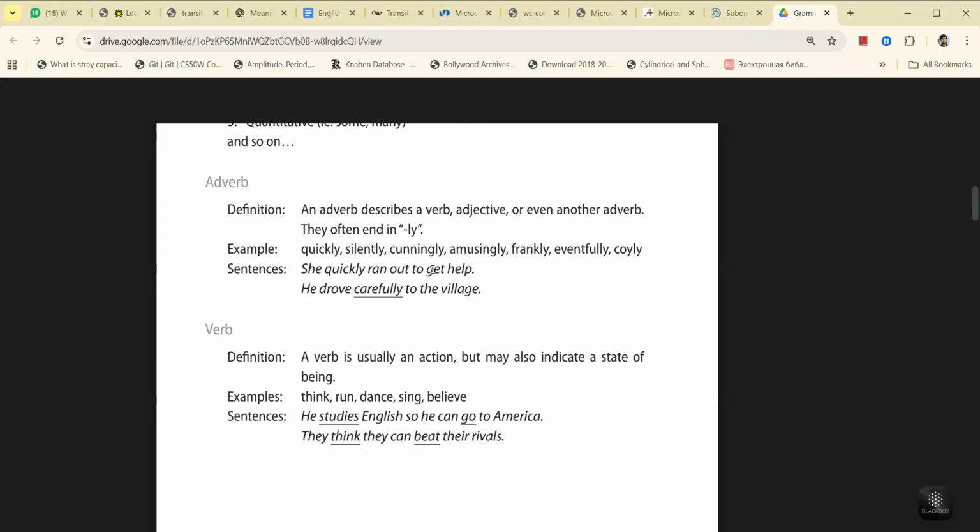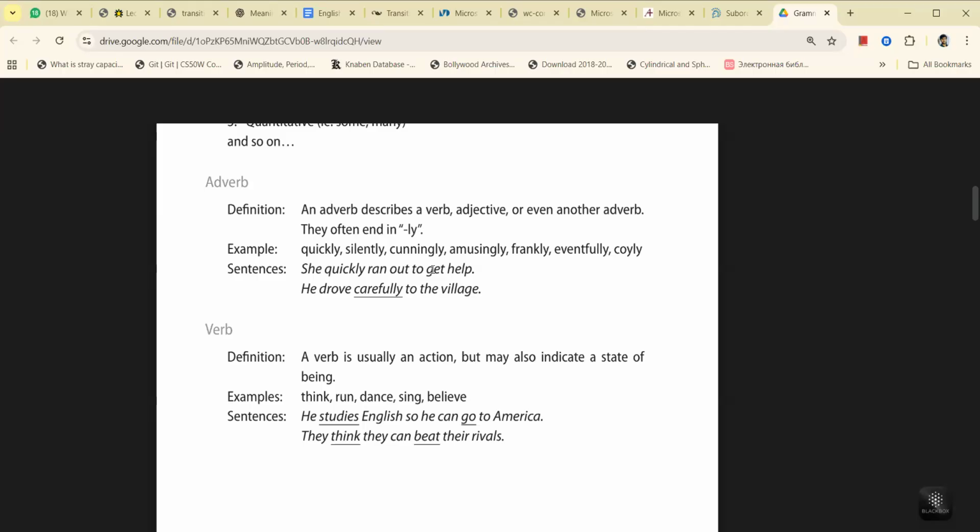An adverb describes a verb, adjective, or even another adverb. They often end in ly. So adverbs help to describe the verb, adjective, or even another adverb.